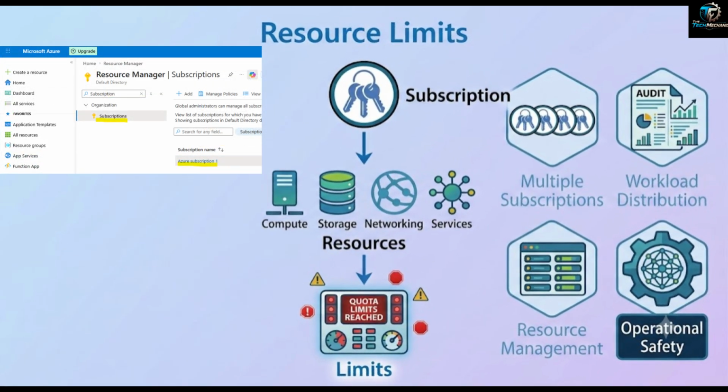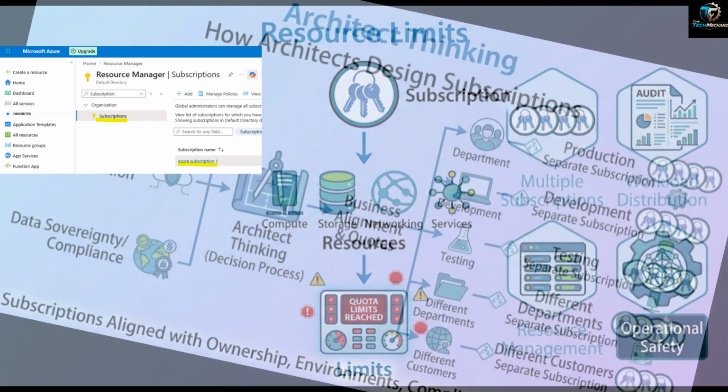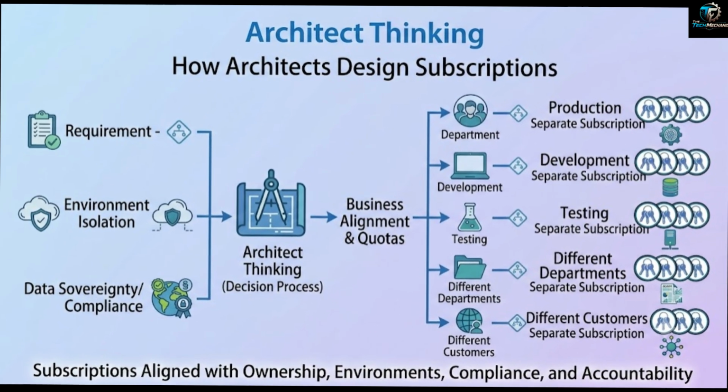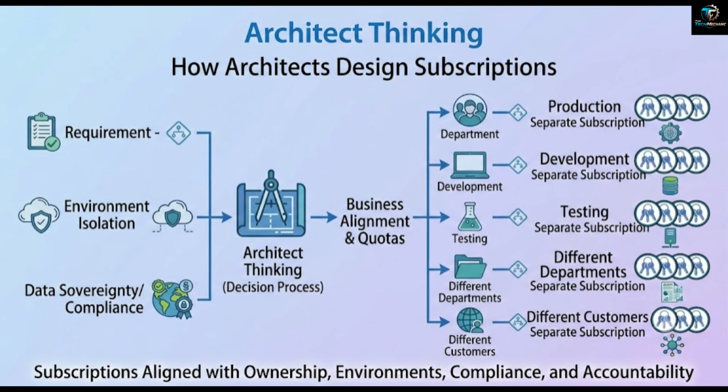Azure places certain quotas and limits on resources within a subscription. Large organizations often use multiple subscriptions to distribute workloads, improve management, and avoid operational bottlenecks. Solution architects don't create subscriptions randomly.